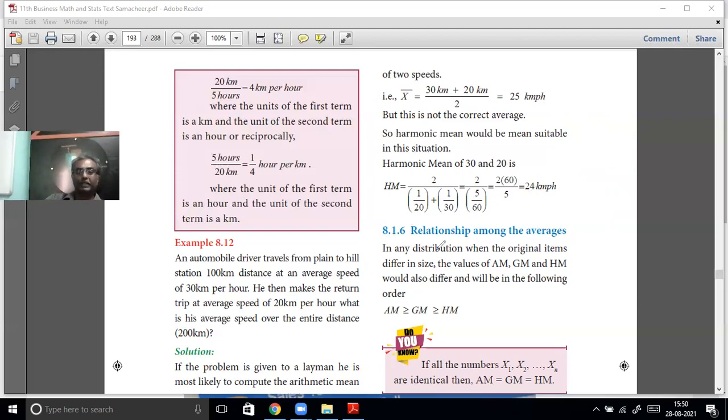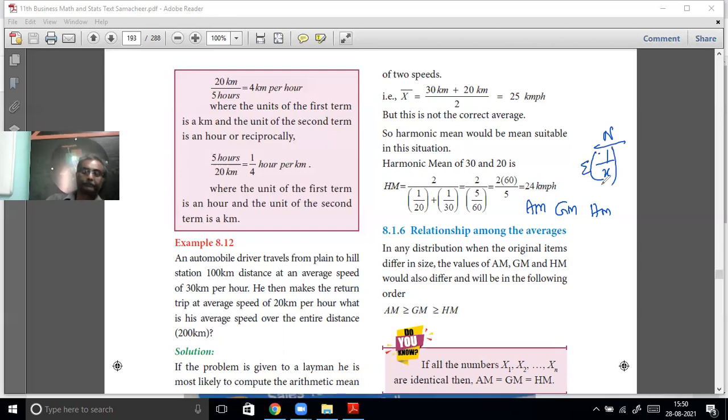Now, there is a relationship between the averages: AM, the arithmetic mean; GM, the geometric mean, where you take the log of x, sigma log x divided by n, and then take the anti-log; and HM, the harmonic mean, where you just do n divided by sigma 1 by x.